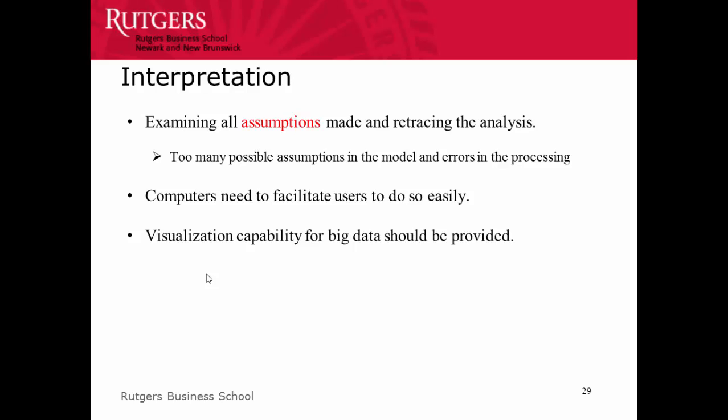For example, you conduct an analysis in different steps. The first step is to sort the data. The second step is to choose those records with a value larger than 1,000. And the third step is to run a regression. But then you find that the result is not good, or you want to replicate the result.